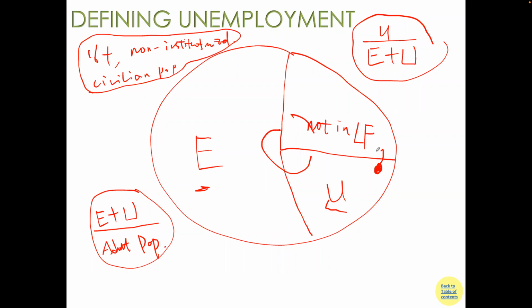Now, if we still look at the unemployment rate only, what happens? The numerator is going to go down by 1, right? Because this individual is not classified as unemployed anymore. And the denominator also subtracts 1 because this individual is not in the labor force anymore.